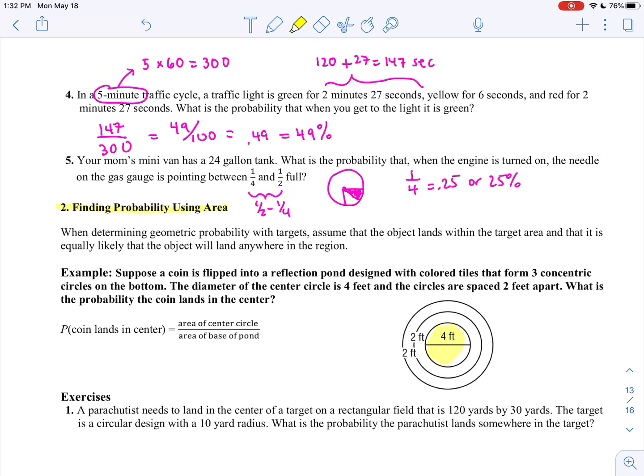The center being the shaded part, this area right here. So that center circle has a radius of 2. We're going to find the area of that highlighted circle and take it over the area of the entire, bigger circle.